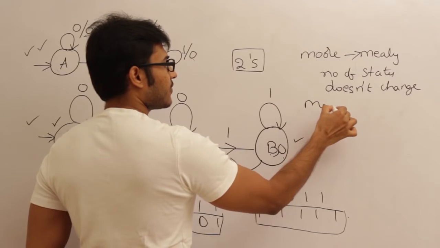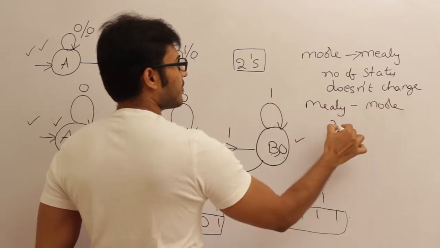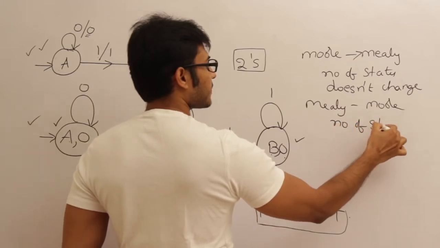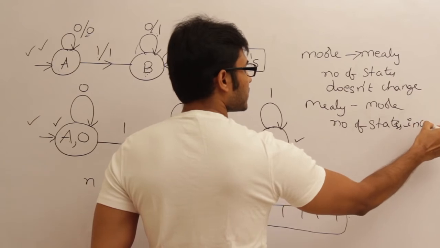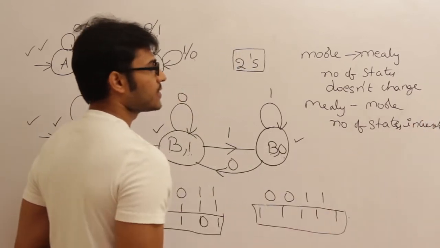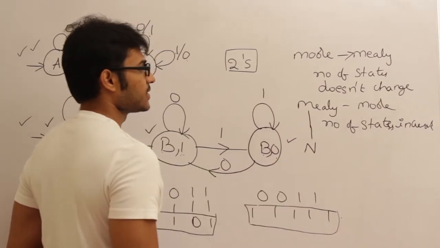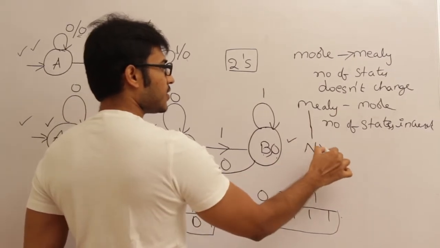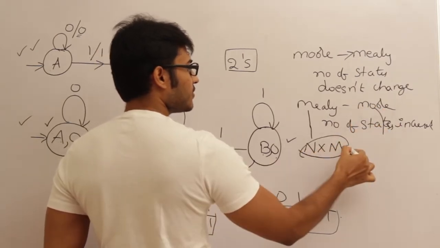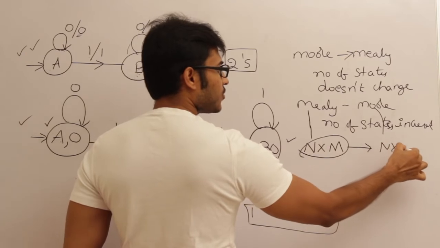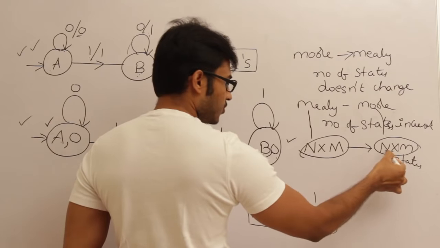But when I am converting Mealy machine to Moore machine, the number of states increased. How much did it increase? If the initial Mealy machine contains capital N number of states, and the Mealy machine is outputting capital M number of outputs, then the final Moore machine may contain capital N into M number of states. So in the worst case, I might go up to capital N into M.